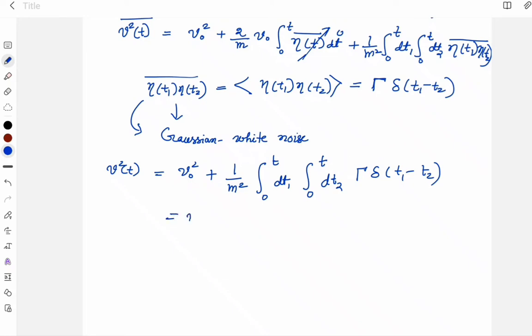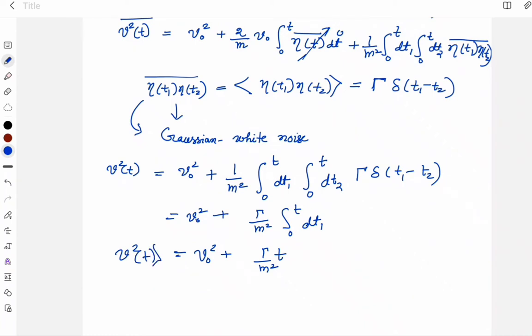So this will be v0 squared gamma over m squared, 0 to t dt1, and this is t. v0 squared gamma over m squared t, v squared t.